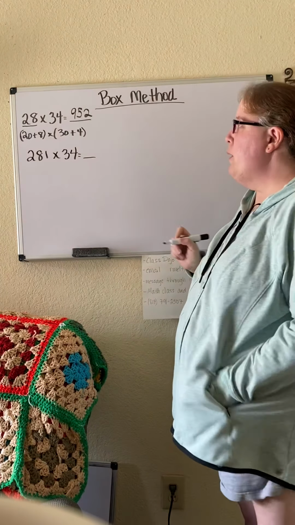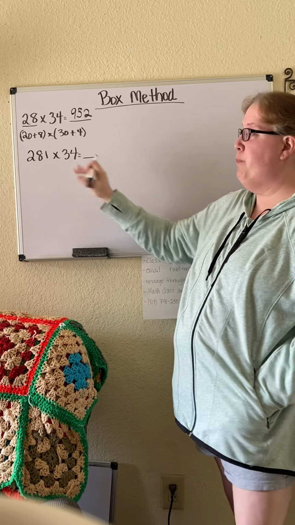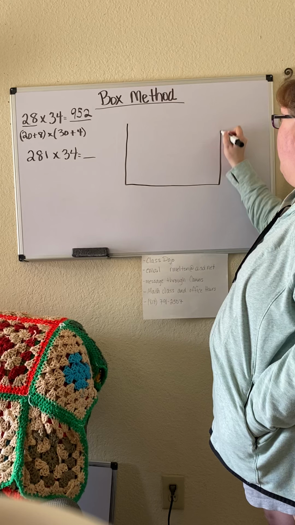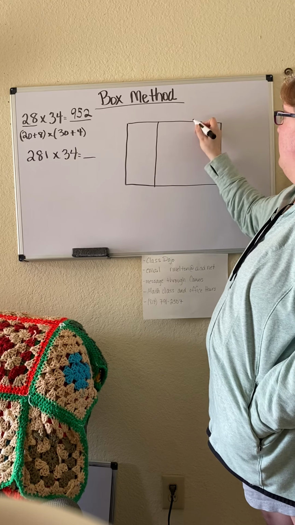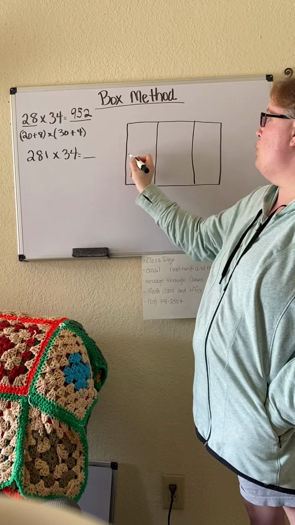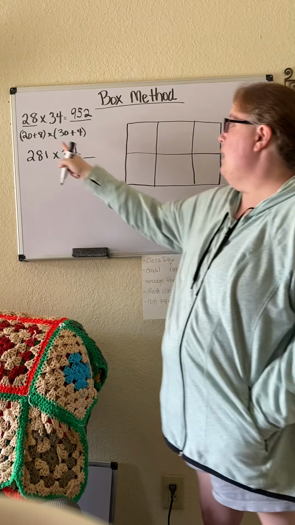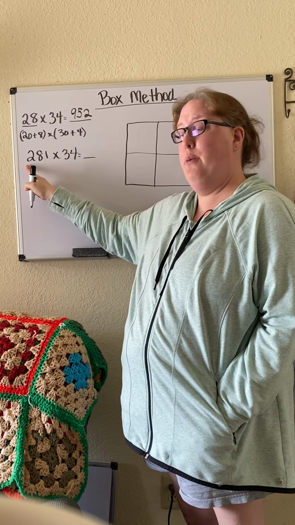I have a 3-digit times a 2-digit number, so when I make my box, I need 3 columns and 2 rows. Just like before, I'm going to separate this number by its place value.